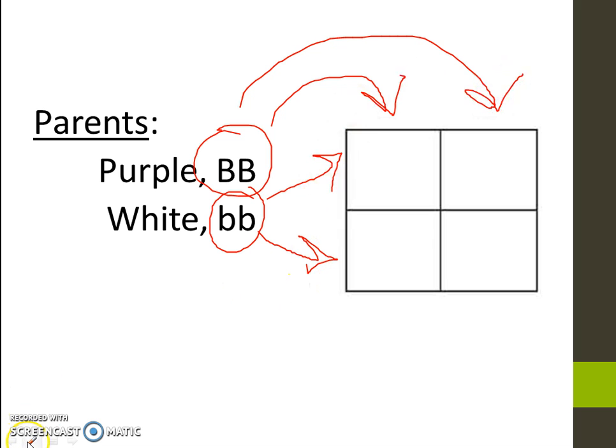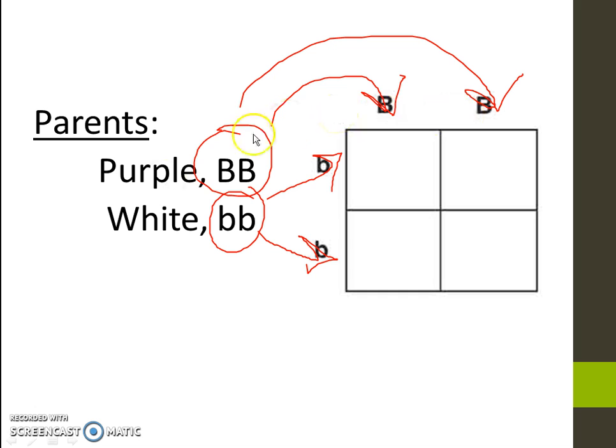And that will look like this. Okay, so you'll have a little b drawn to each of the boxes on the side, and a big B drawn above each box up top. Which side you choose to put which one on doesn't matter, just make sure to use the left on the top.